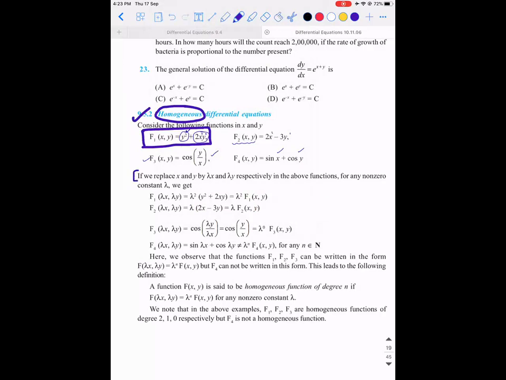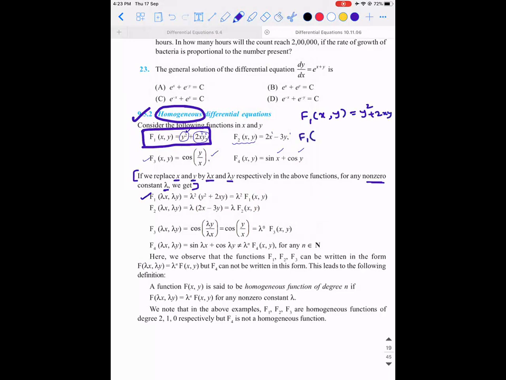If we replace x and y with lambda x and lambda y respectively, for any non-zero constant lambda, then what do we get? f1 of lambda x, lambda y. If you look at the first question, f1 of x comma y is y square plus 2xy.